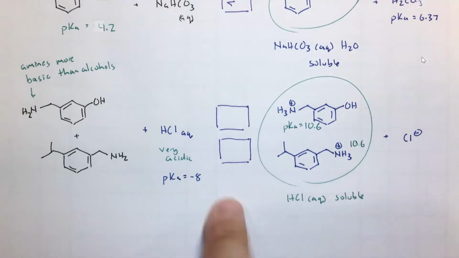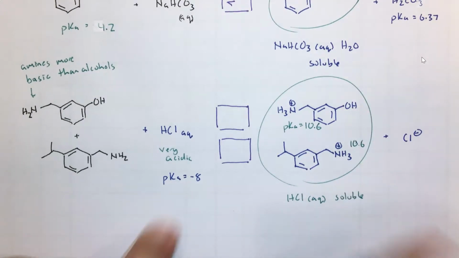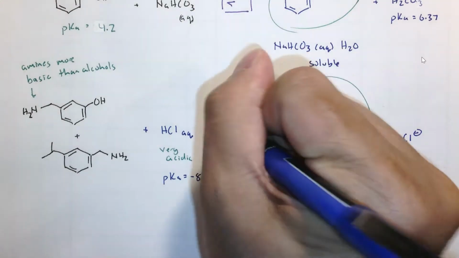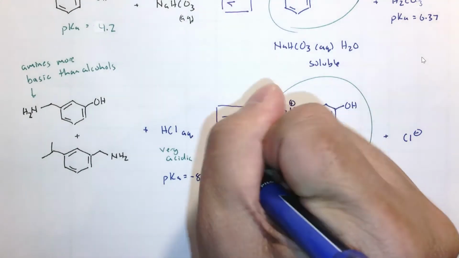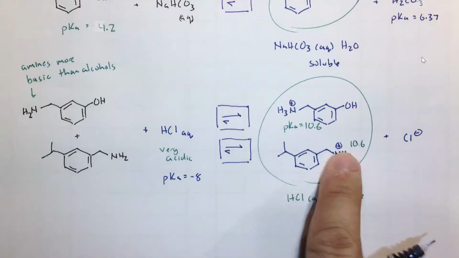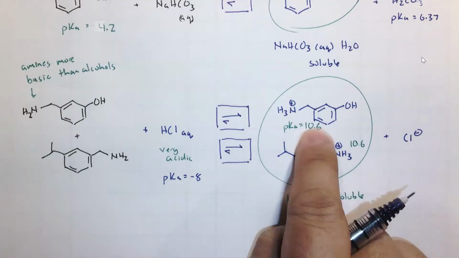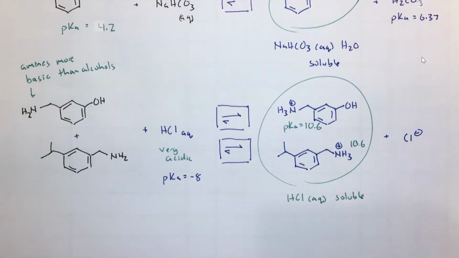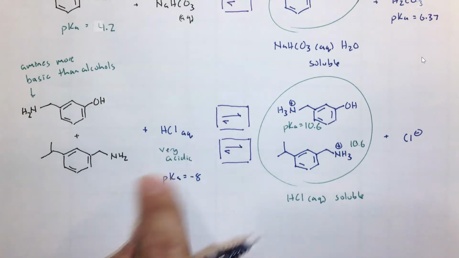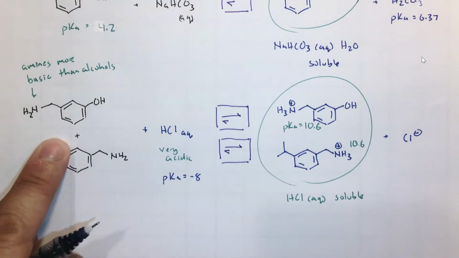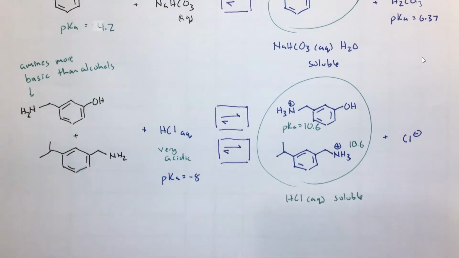Which is a weaker acid, -8 or 10.6? 10.6 is weaker than -8. The point is, we should not use acidic water because these two will always go together. They will both become water soluble.